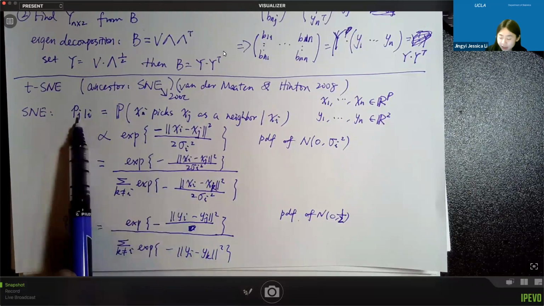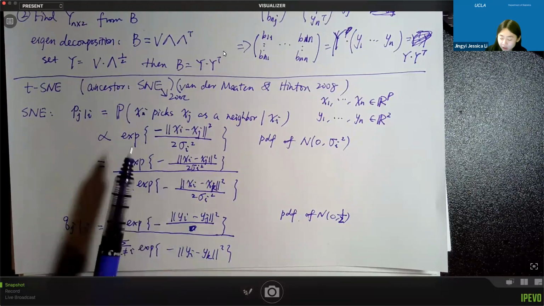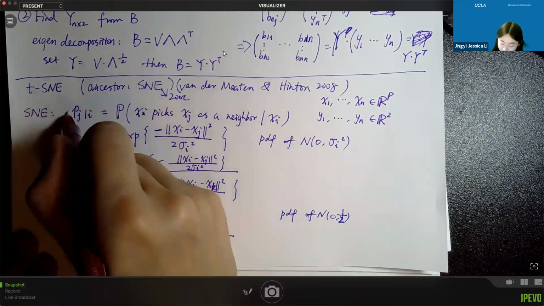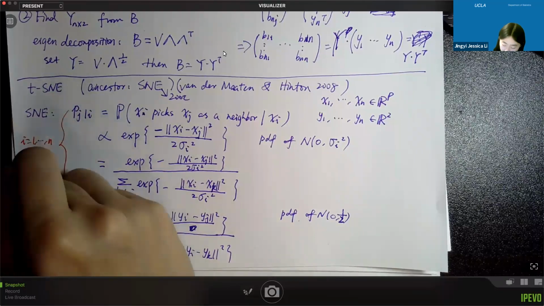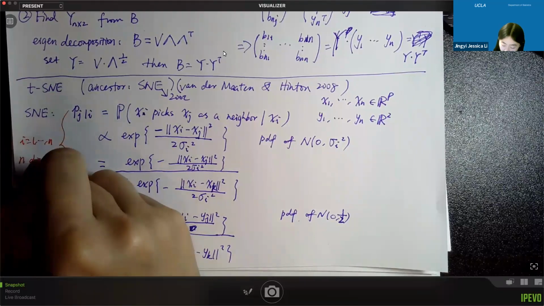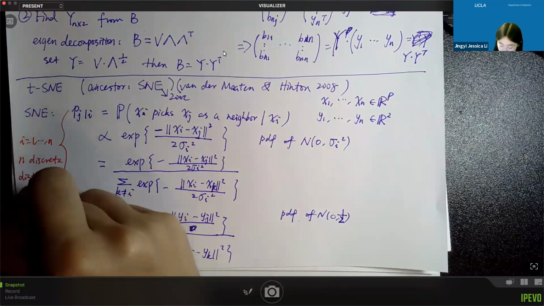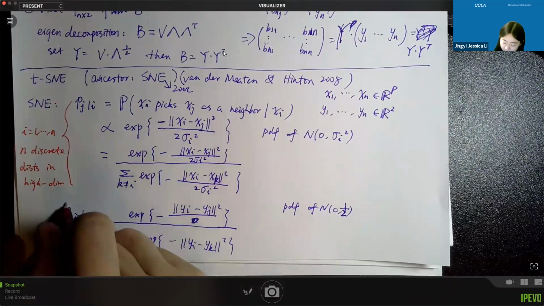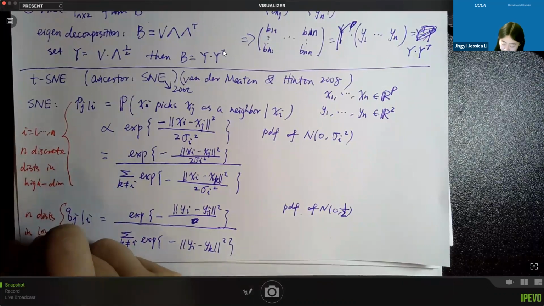So for each i I have an (n-1)-value discrete distribution, and i goes from 1 to n. So in the end, I have n discrete distributions in high dimension. And similarly, I also have n distributions in low dimension.